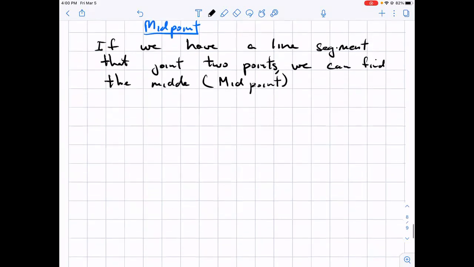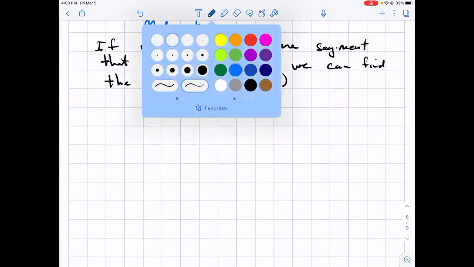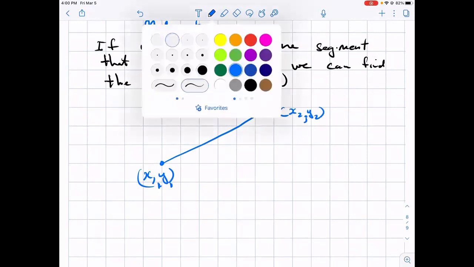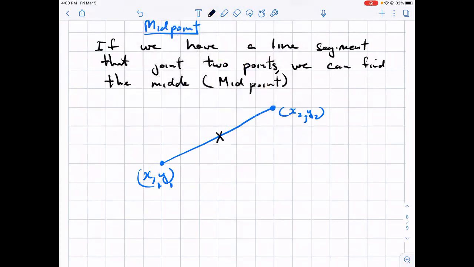Okay. So if we have a point here, x1, y1, and we have another point over there, x2, y2, and somewhere in the middle here is what we call the midpoint.